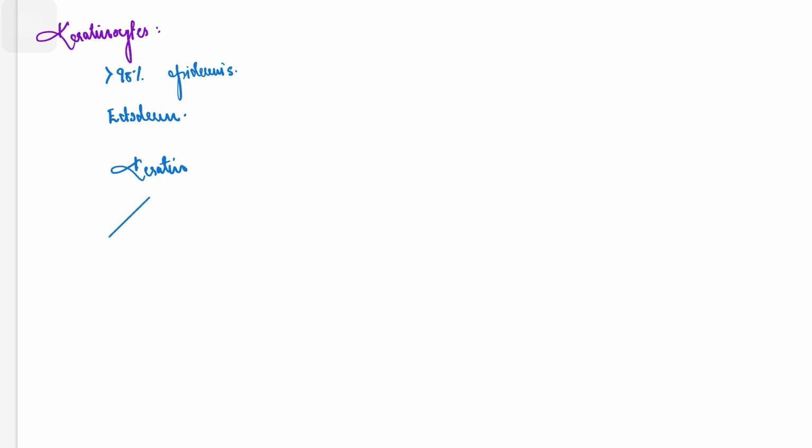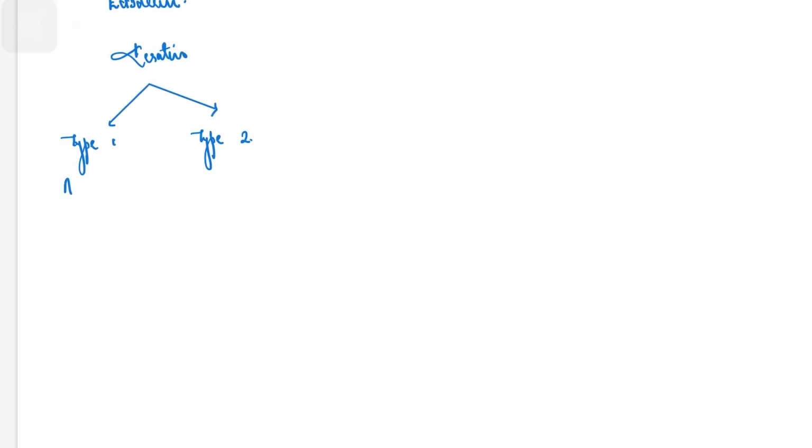This keratin is divided into two types: type 1 keratin and type 2 keratin. Type 1 keratin is also called acidic keratin, and type 2 is called basic keratin. These keratins are numbered, and type 1 keratins are numbered from K9 to K20, and type 2 keratins are numbered from K1 to K8.